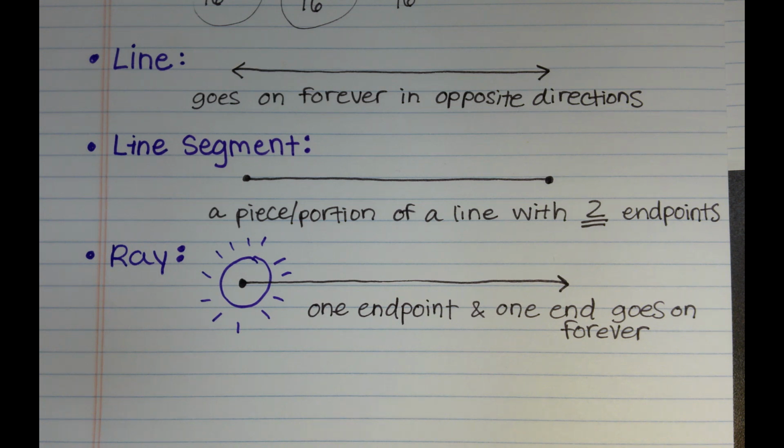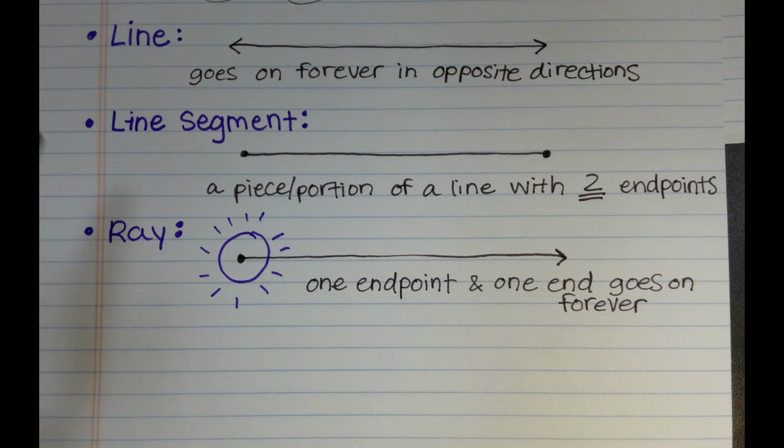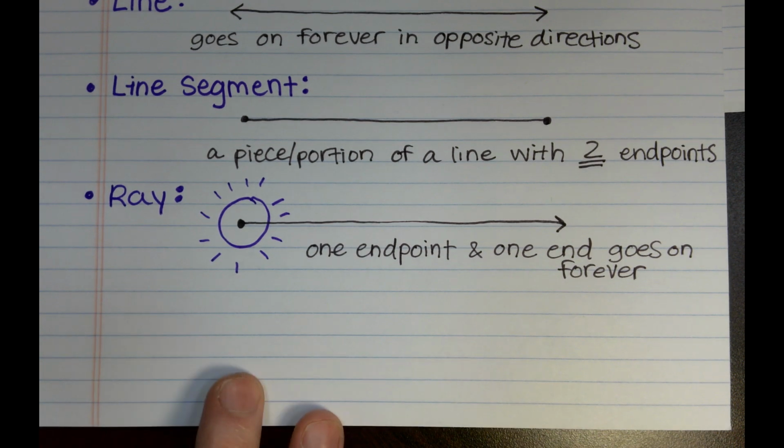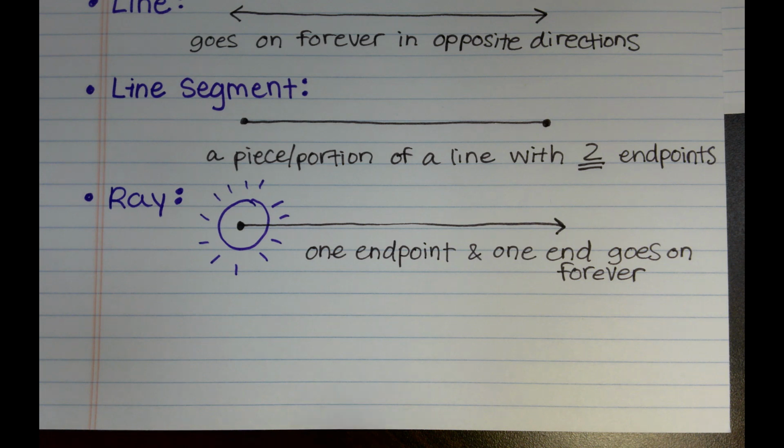Okay. So we have a line segment, we have a ray. Now we're going to move on to something that's not just going in technically two directions, like lines and segments and rays do. Let's talk about what happens whenever I put two rays together.